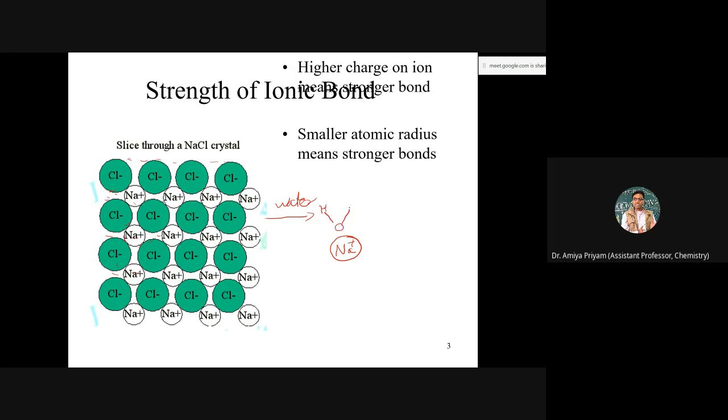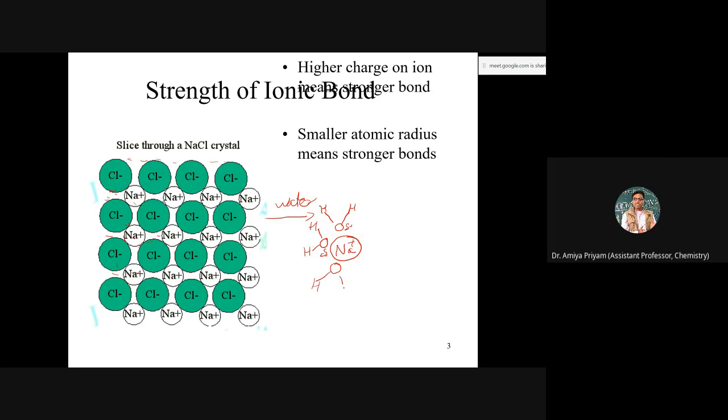The negative end of the dipole will be pointing towards the positive ion, and a large number of such solvent molecules will be arranged.